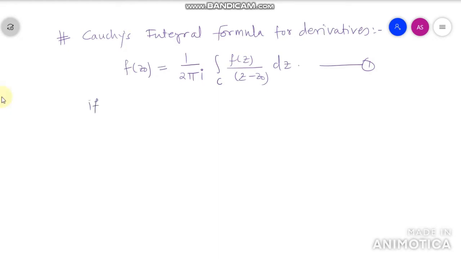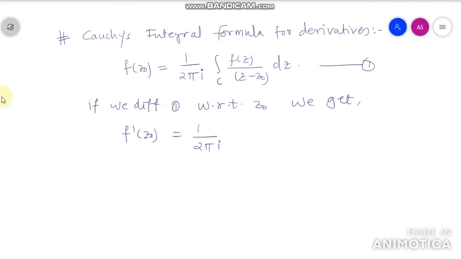So if we differentiate equation 1 with respect to z0, we get f dash of z0 on the LHS. We are interested in finding the derivative under the integral sign with respect to the parameter z0. So this will be 1 upon 2 pi i, and this integral is dependent on z0.